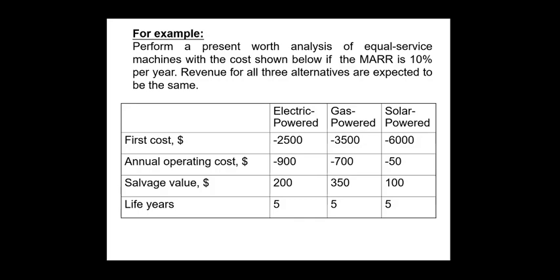And then we calculate the present worth of cost for the other alternatives with the same method. Then we compare and select the alternative with the minimum present worth of cost. Okay, I think that you can solve this problem. It's very simple.